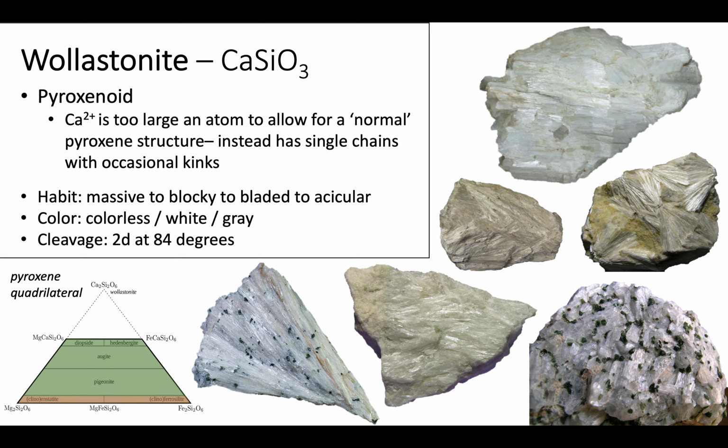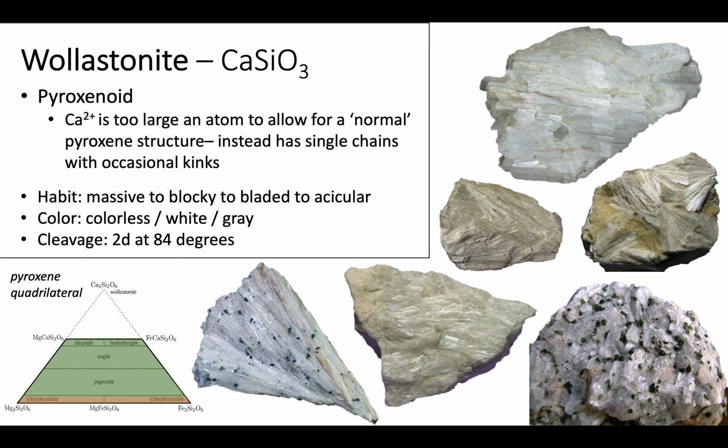So the mineral you'd most easily confuse wollastonite with would probably be sillimanite, because they both have these fairly slender white crystals. And this is where having a knowledge of other minerals in rocks is going to be helpful. Sillimanite was one of our aluminum-rich minerals. Wollastonite's one of our calcium-rich minerals.